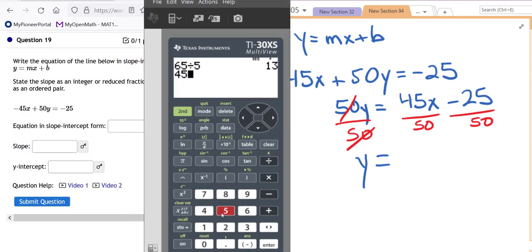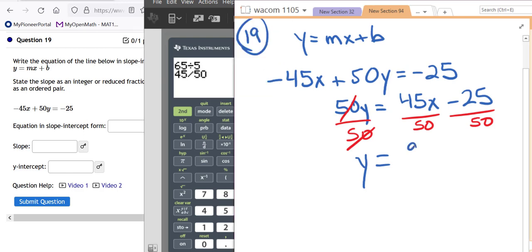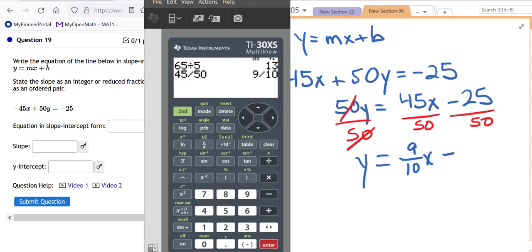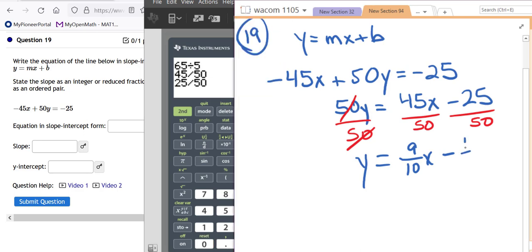So I'm just going to go to my calculator, fraction button, 50, and that is 9/10. And this will be minus 1/2, but we can put it in there. 25 over 50 is 1/2.